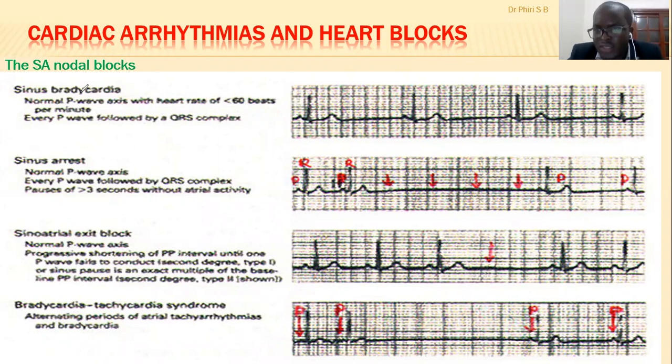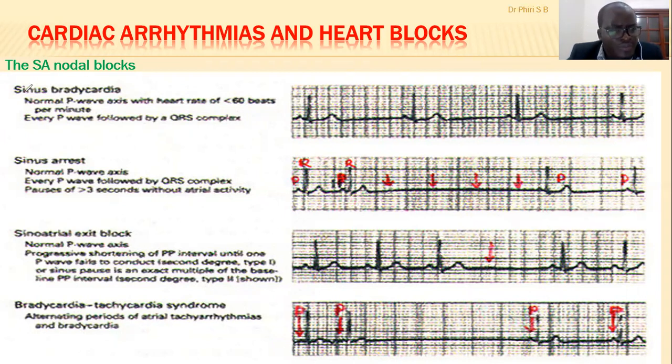So it's reduced. For some reason, maybe there's a pathology taking place there. Maybe there's a drug that is inhibiting them from producing enough action potentials. Maybe it's due to acetylcholine, because you know the parasympathetic will have a negative dromotropic, chronotropic, and inotropic effect on the heart.